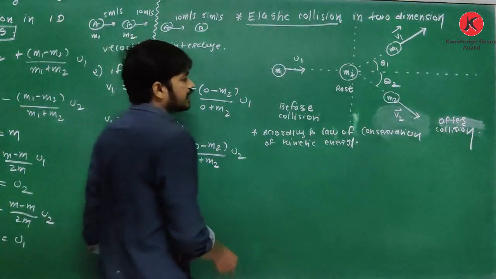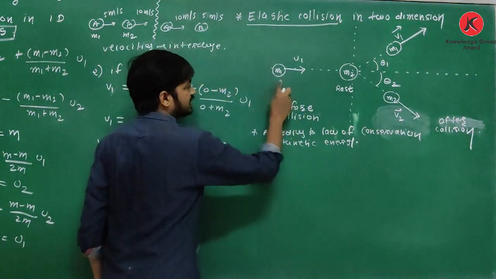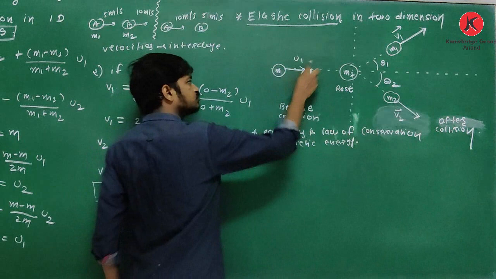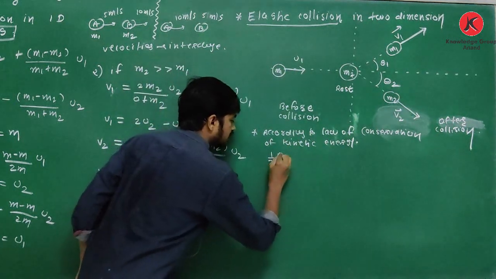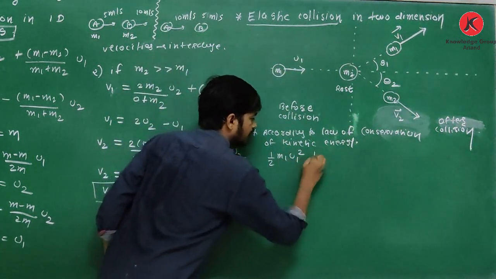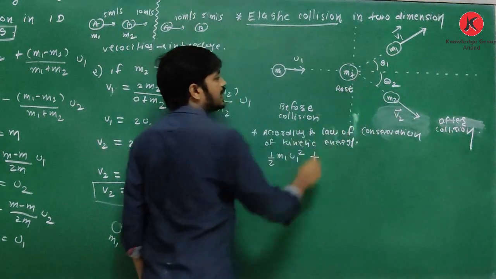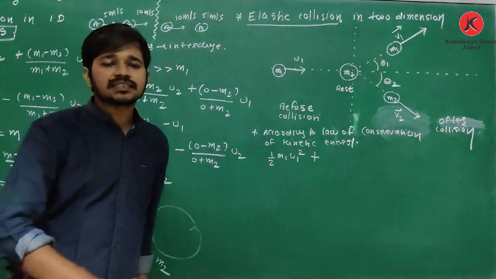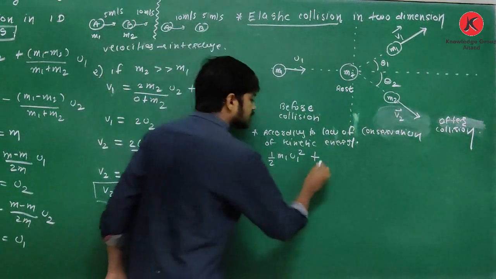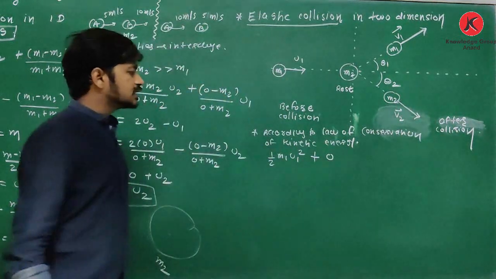What is total kinetic energy before collision? Before collision, the m1 object is moving with speed u1, so it is half m1 u1 square, plus this object m2 is at rest, so its kinetic energy is 0.